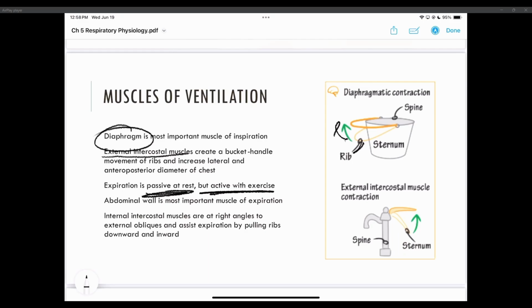Then when you start exercising and doing it, you start getting pain here because those muscles are fatiguing out. Because now with exercise, expiration is active. We actively have to squeeze our abdominals, abdominal wall, those intercostal muscles to exhale during exercise.